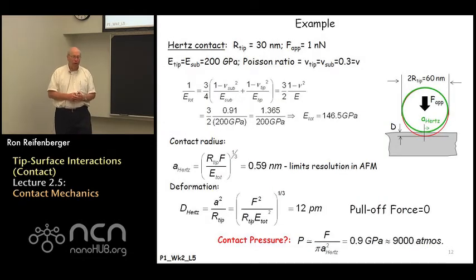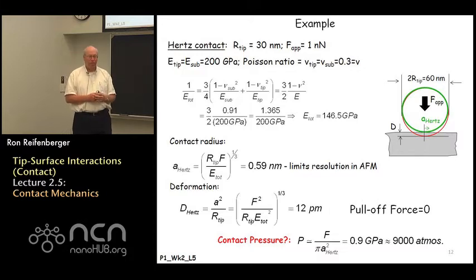It's probably worthwhile to work through a quick example just to show you how the units work out, how the quantities work out. In this particular example, we've got a Hertz contact with the tip radius 30 nanometers. We apply a 1 nanonewton force to this tip and we push it against the substrate. Just to make matters simple, we pretend that the tip and the substrate have elastic modulus on the order of 200 gigapascals.